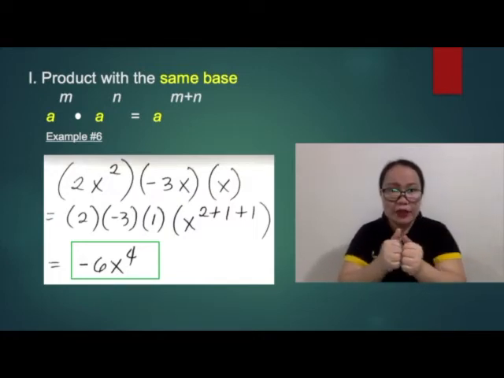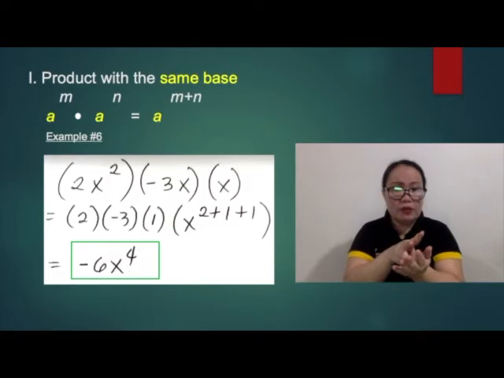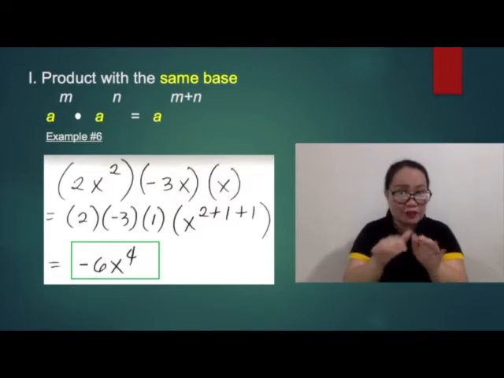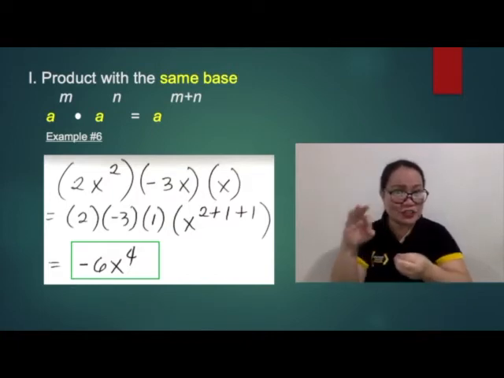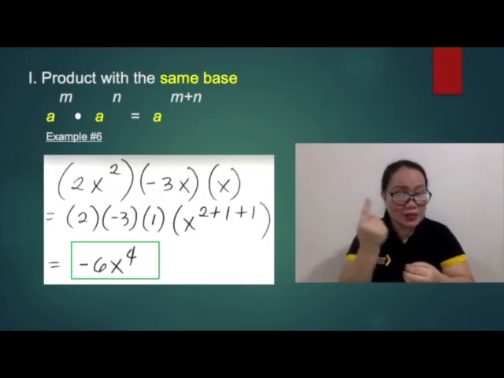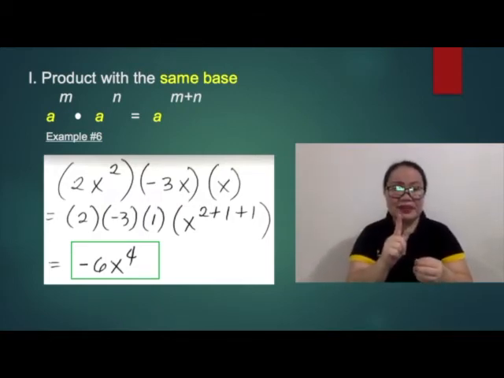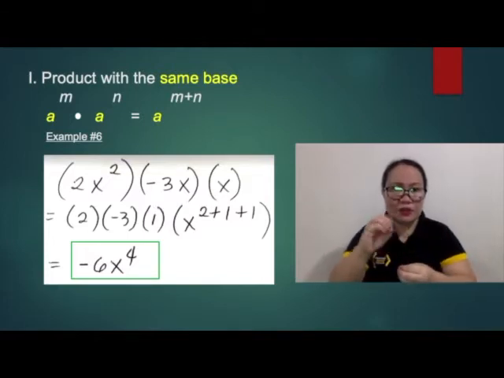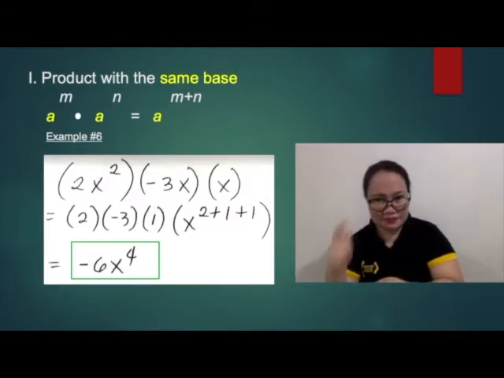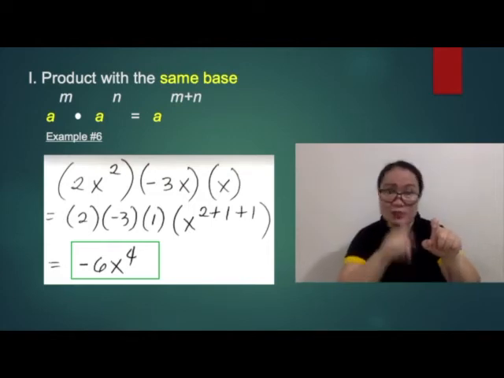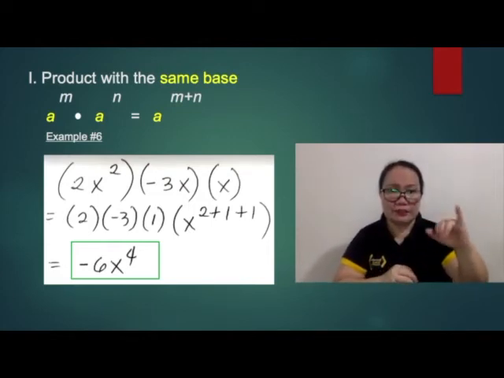The same with a variable without a numerical coefficient, it is always assumed that it has 1 as a numerical coefficient. So that is why x has 1 as a numerical coefficient.